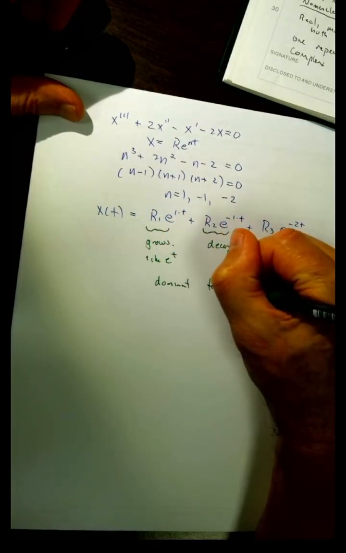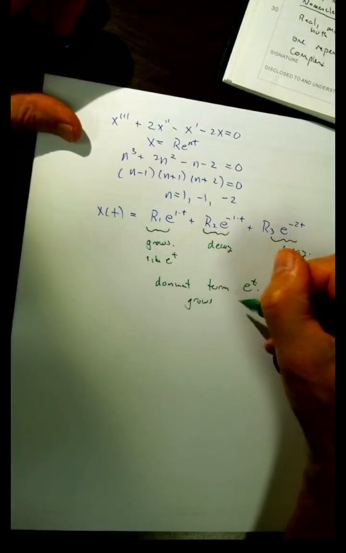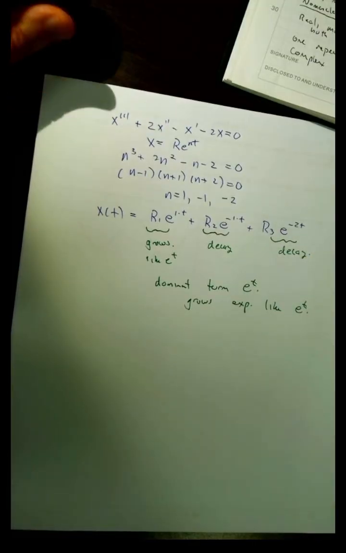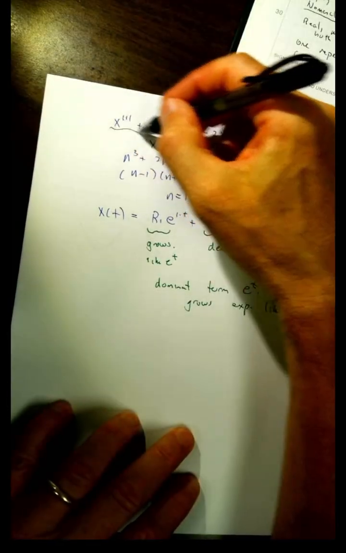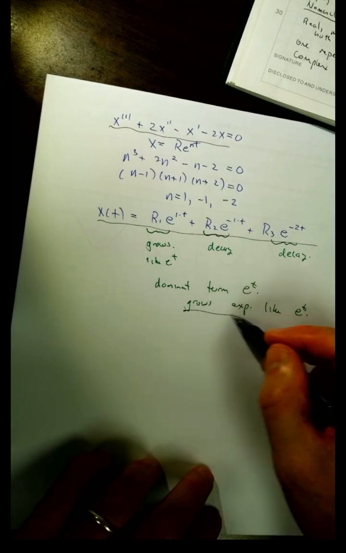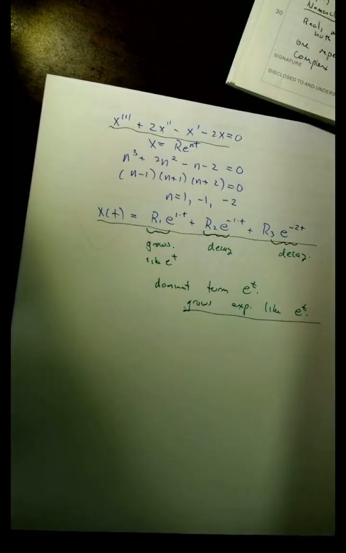So the dominant term is e to the t, and the solution grows exponentially like e to the t. So given this differential equation, you should be able to get the general solution, and you should be able to tell me it's going to grow like e to the t.